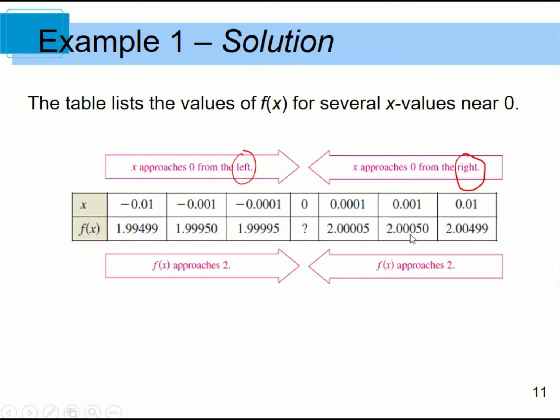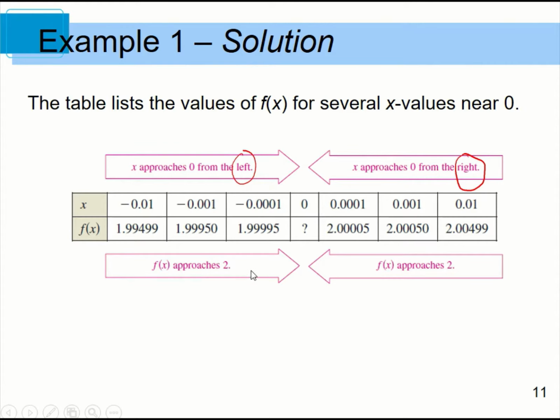The conclusion is that y is getting closer to 2 as well, so f(x) approaches 2 when x approaches 0 from the right.